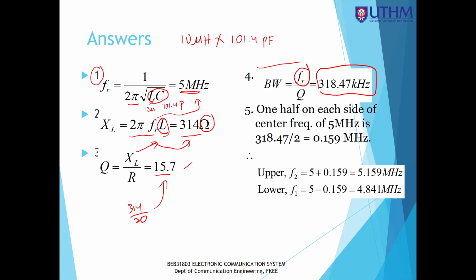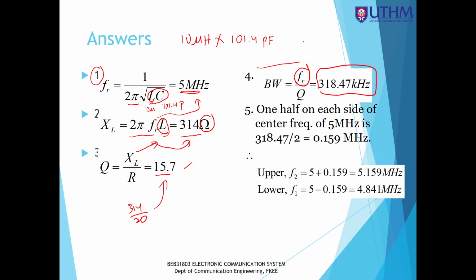Okay, wait. If you have a question, you can ask. Okay, so this is the bandwidth of the tuned circuit. So this is only the portion of bandwidth selected by the tuned circuit.